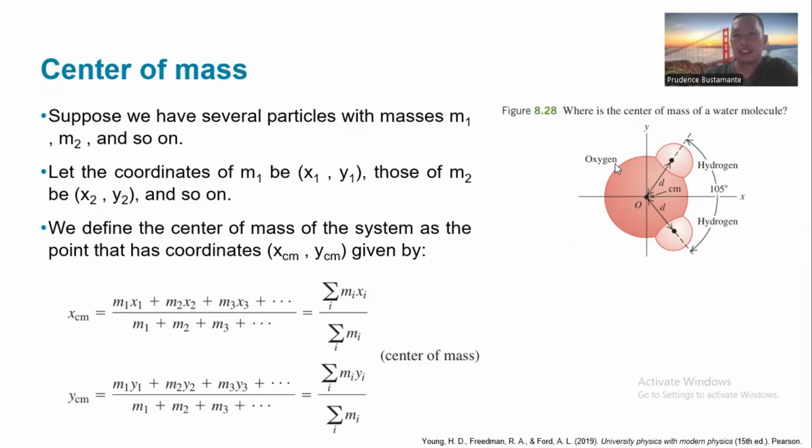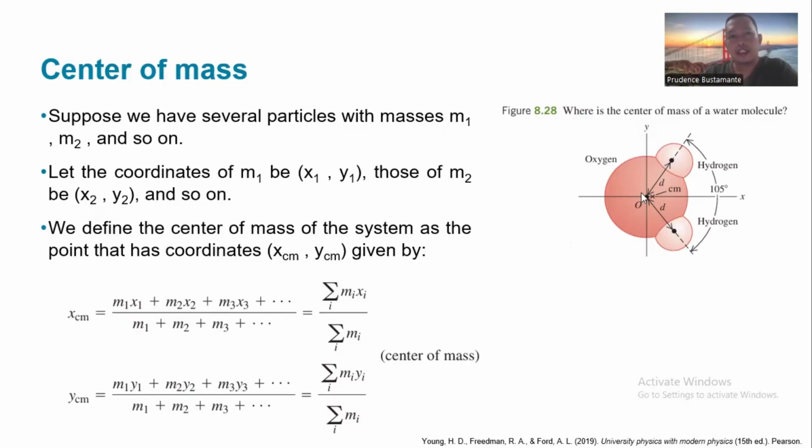It has three masses: the mass of the oxygen and the two hydrogens. We note these as M1, M2, and M3. We let the coordinates of M1, for example, be X1, Y1, and likewise for M2, and so on. So this is a system of particles with masses.